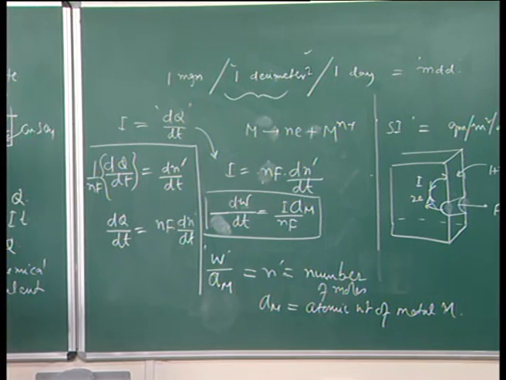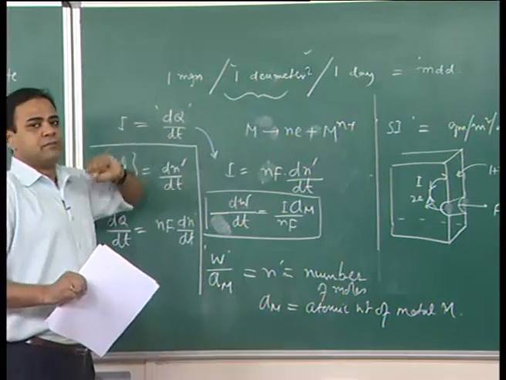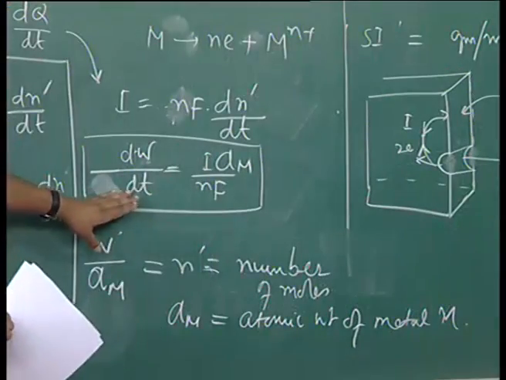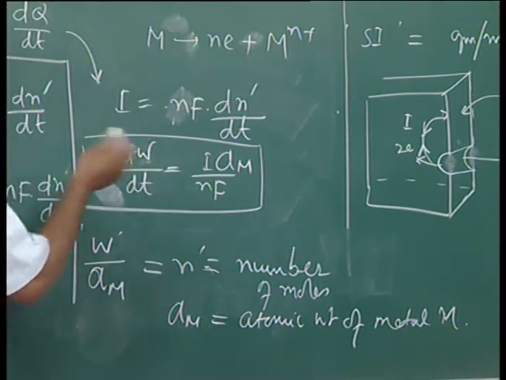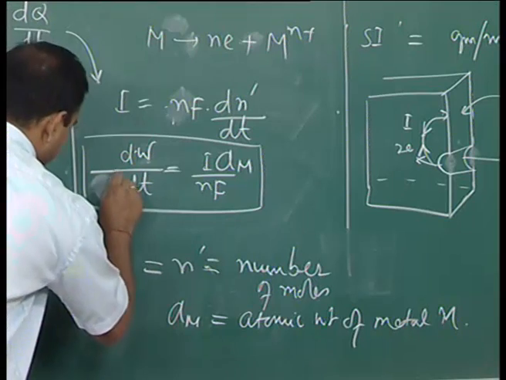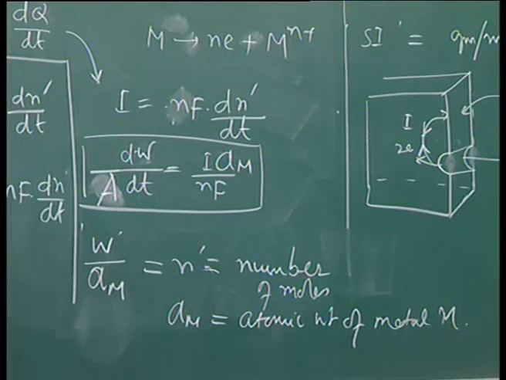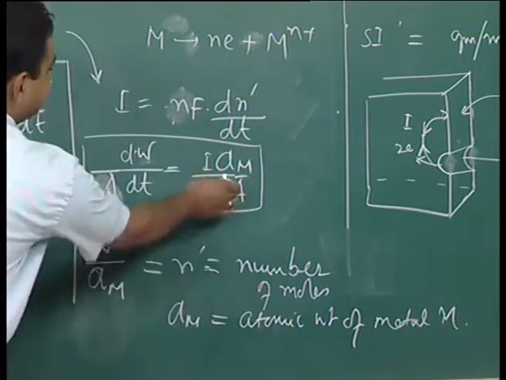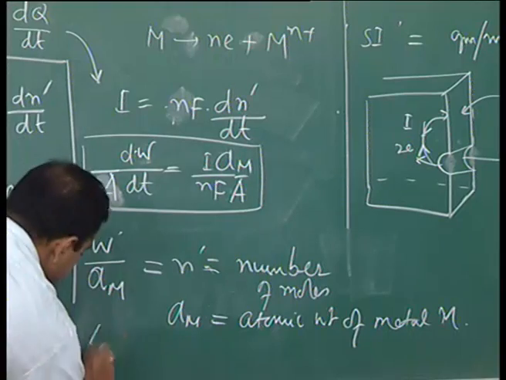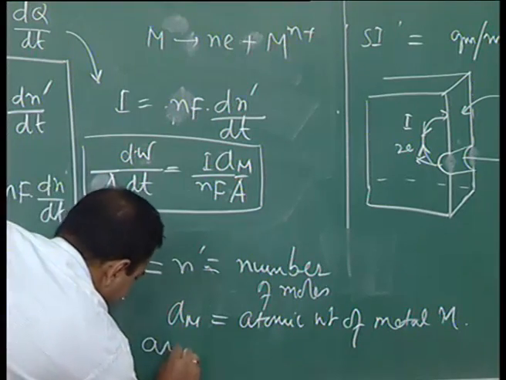So, in order to have a comparable corrosion rate, it is always better to divide by area. So, we divide by the area A of the metal piece which is exposed to the solution.